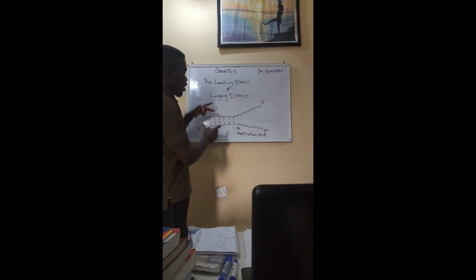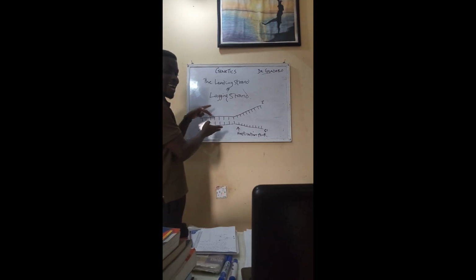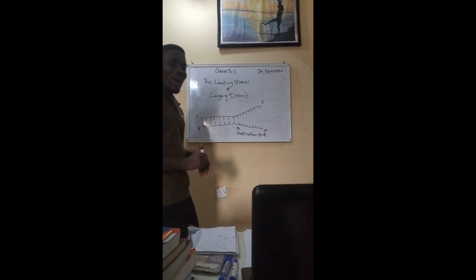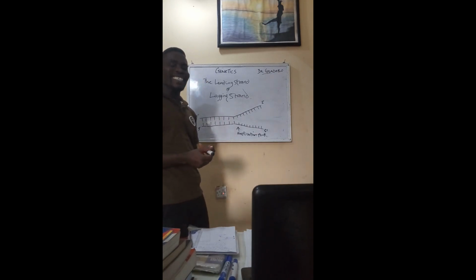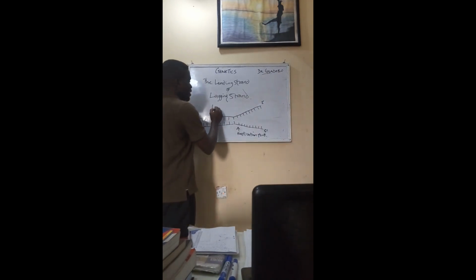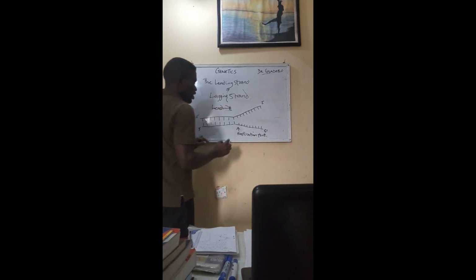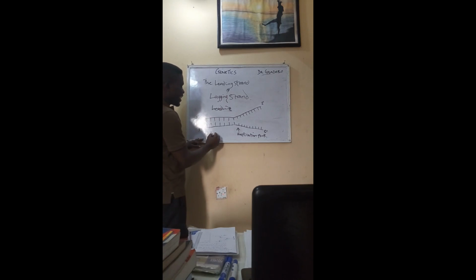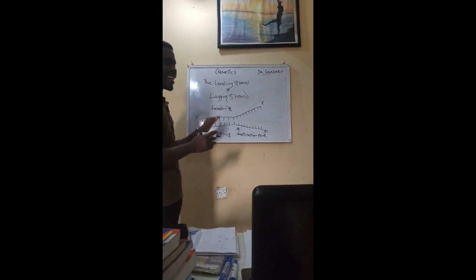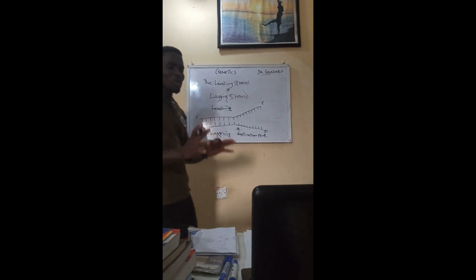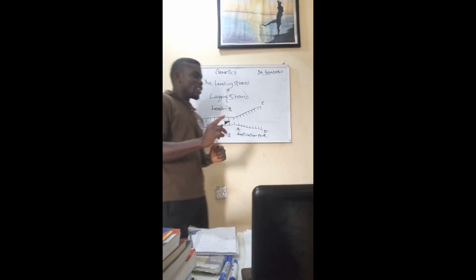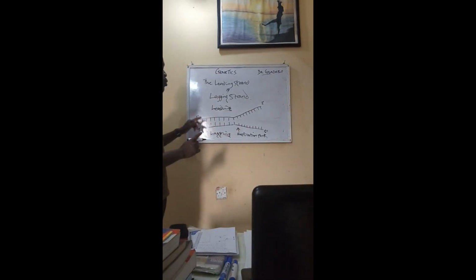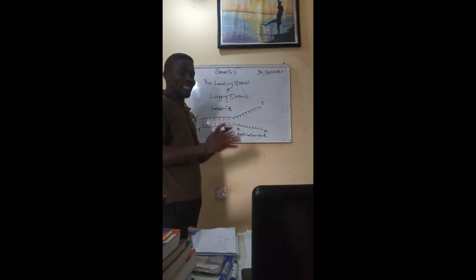So, on this DNA double helix, one strand is usually called the leading strand, and the other strand is called the lagging strand. Now, why is it called leading strand and why is it called lagging strand? You need to understand this. In the double helix, both strands are in opposite directions.